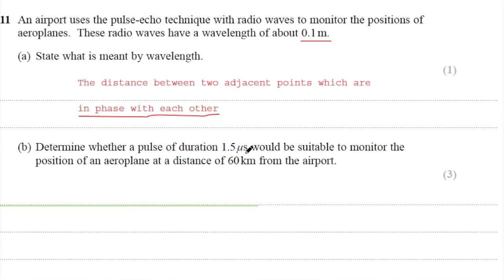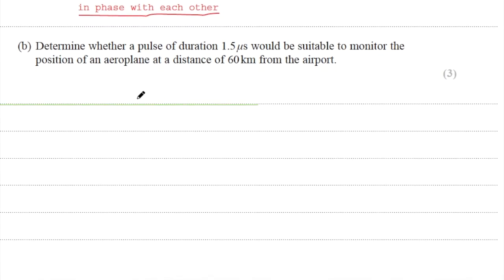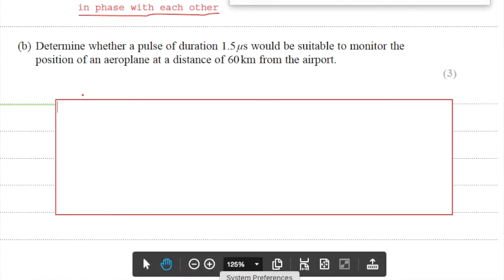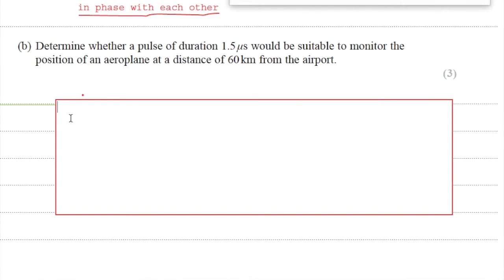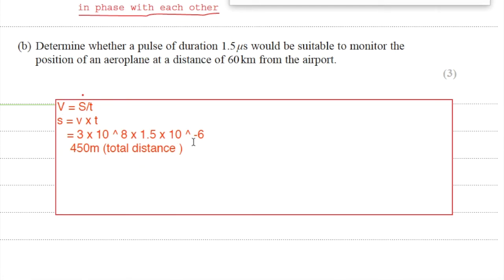So into 10 to the power of minus 6 you need to substitute, and the speed will be 3 into 10 to the power of 8 meters per second. So you'll get the answer in meters, because the wavelength is also in meters. All right. Now when you substitute, you get this answer.